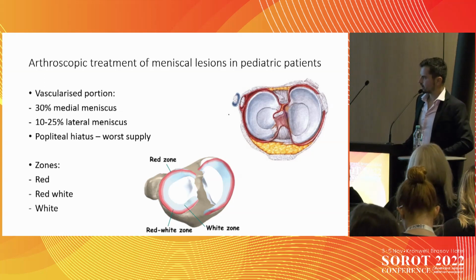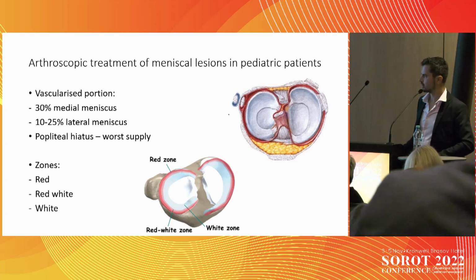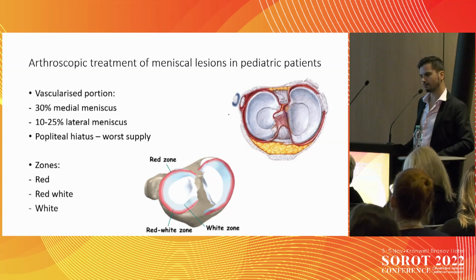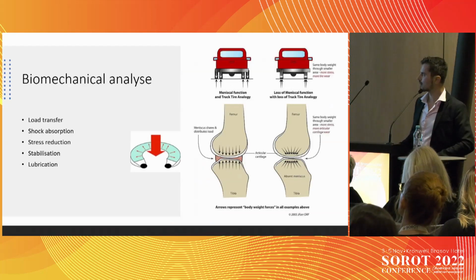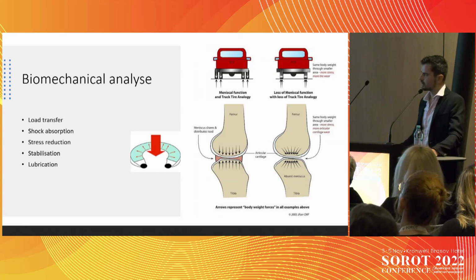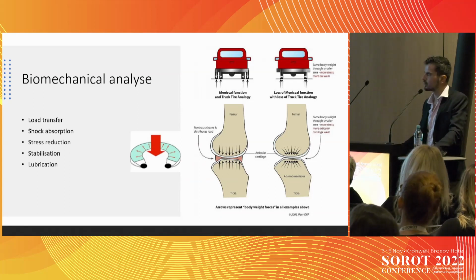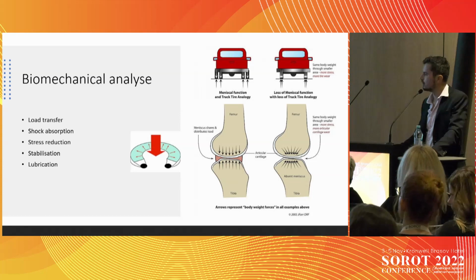There are 3 zones, red-red, red-white, white-white. When we are in the red zone, it's good for suture and for good cicatrization. A little biomechanical analysis: the meniscus is important for load transfer, shock absorption, stress reduction, stabilization, and lubrication.